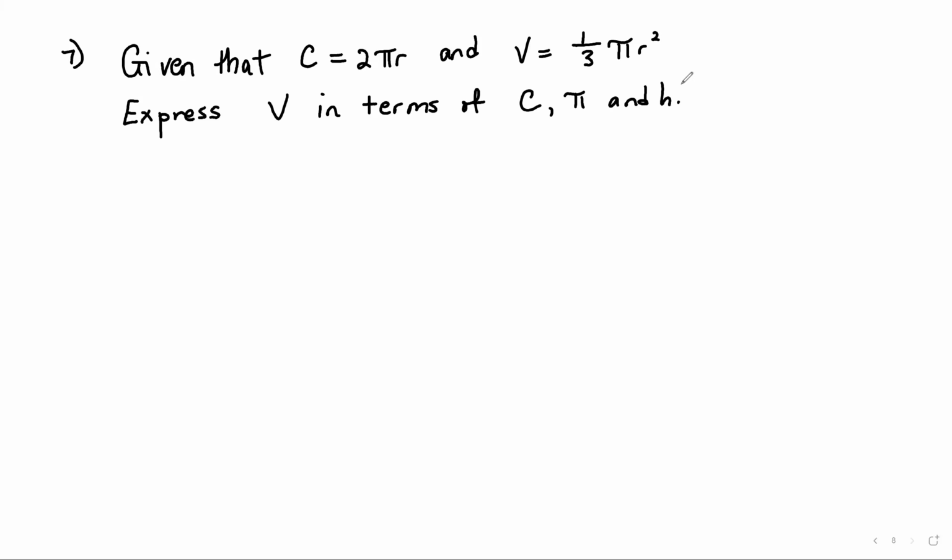All right, so this one is unlike any that we did before. We have two separate formulas, and we need to use both of them to make V the subject. So let's see, what can we do here? I have to think about this one. So C is equal to 2 pi r, and V is equal to 1/3 pi r squared.